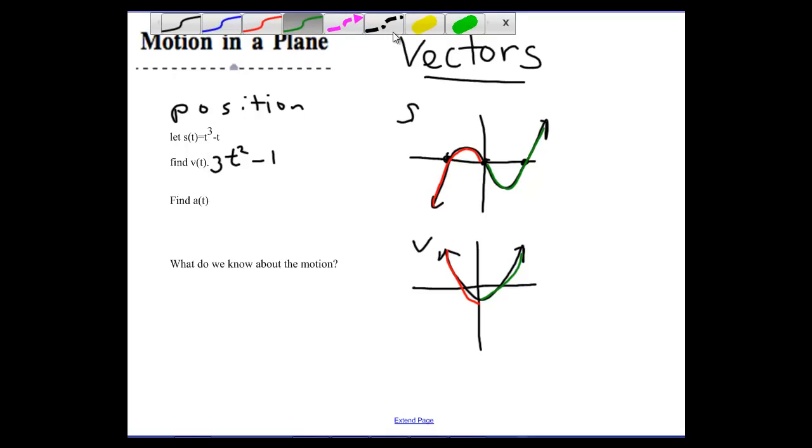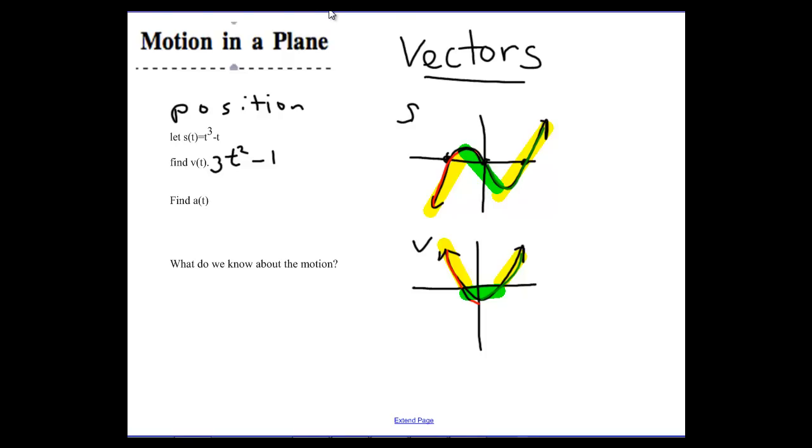And anywhere where my velocity is positive, I'm going to be going in the positive direction, or rather, my function will be increasing. And anywhere where my velocity is negative, I'm going to be going down, have a decreasing function. So that's how those all interact.